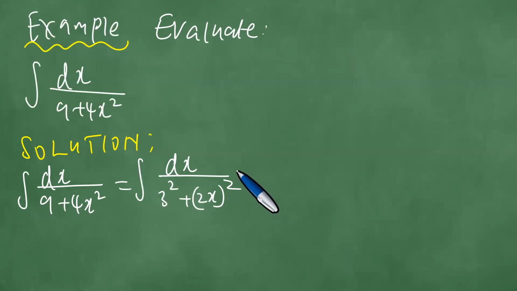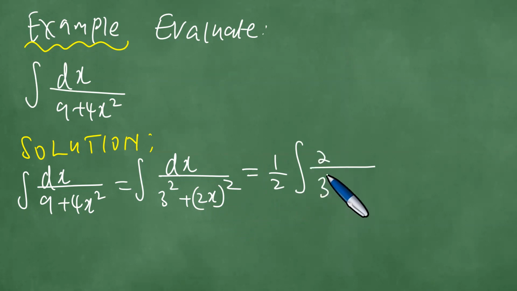And so what is this? If you find the derivative of 2x with respect to x, it is exactly 2, meaning that we can put 1/2 and then put 2 over 3 squared plus (2x) squared dx. So the derivative of 2x is 2.